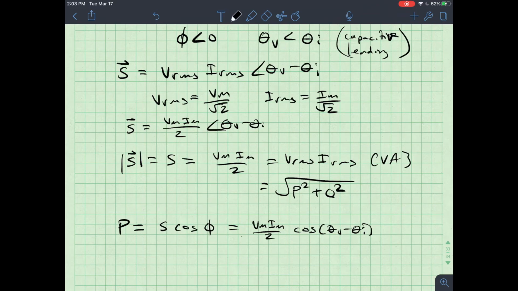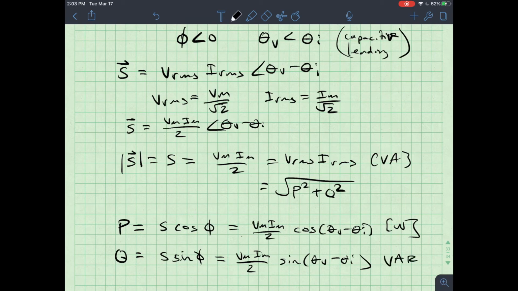And then Q is just S times the sine of phi, or in other words, Vm Im over 2 times the sine of theta V minus theta I. P is real power measured in watts, Q is reactive power measured in volt ampere reactive, or vars.